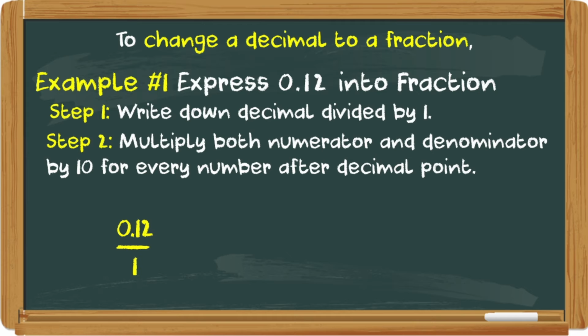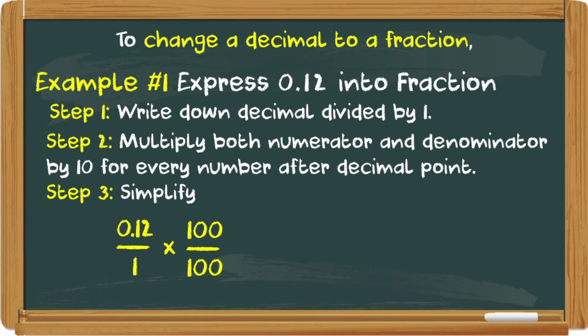If tatlo naman ang number after decimal point, then 10 times 10 times 10, that is 1,000. Sa example natin, dalawa ang number after decimal point. Therefore, we will multiply both numerator and denominator by 100. So we have multiply by 100 over 100.